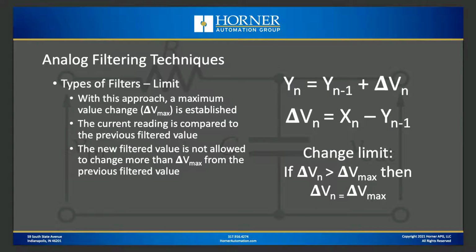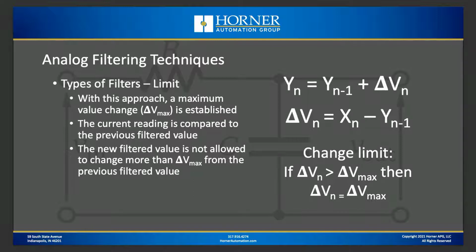It's that big jump that we want to knock down so it doesn't take quite that big of a jump. Because the big jump could be noise, or it could also be a fast responding signal. So by using the limit technique, we're going to establish the maximum instantaneous change in reading that we're going to allow.